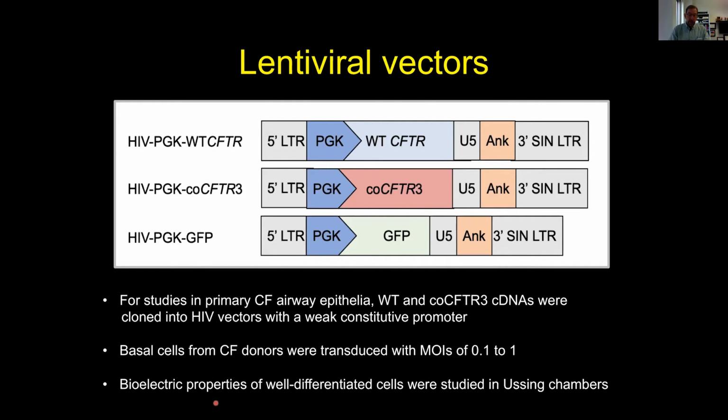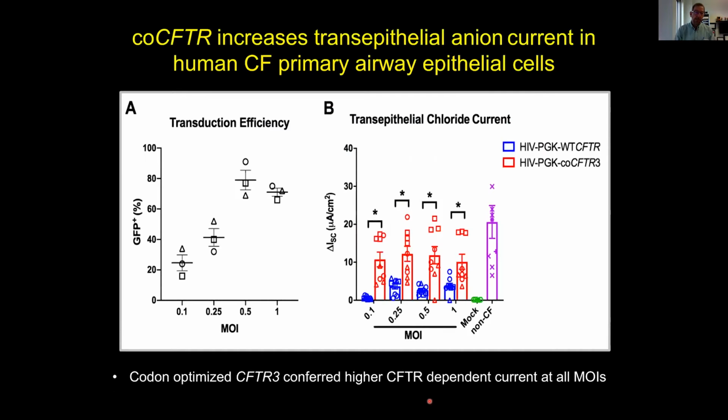And we studied the bioelectric properties of these cells when they were well differentiated in Ussing chambers. So in the left-hand panel here, using a GFP expression cassette, we show what percentage of cells are expressing the transgene when we transduce basal cells with these different MOIs. And with an MOI of 1, 75 to 80% of the cells are GFP positive.